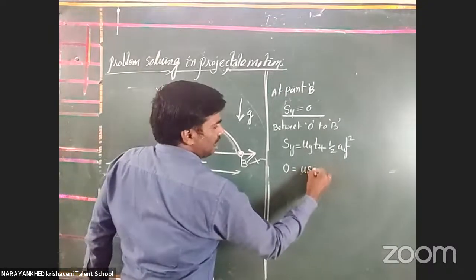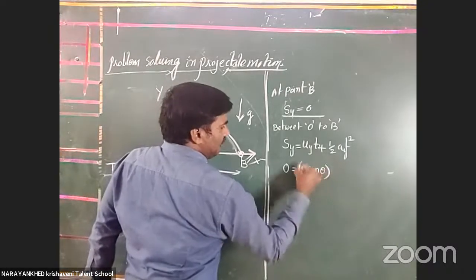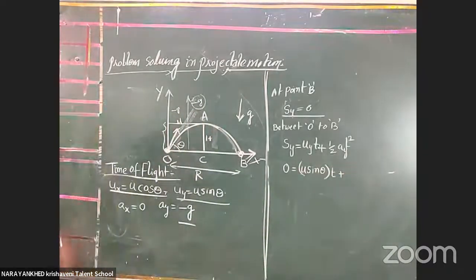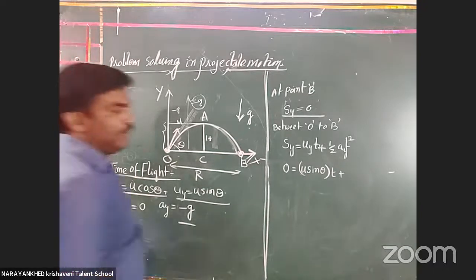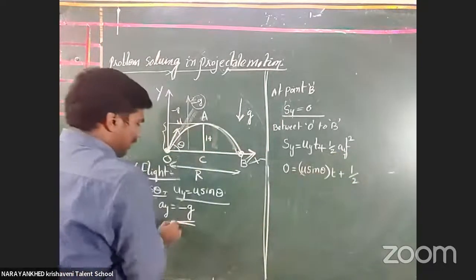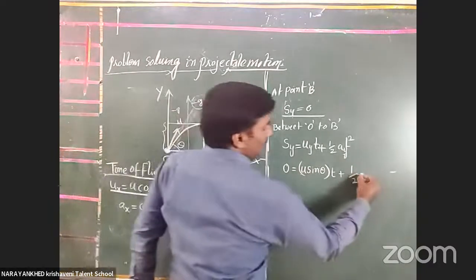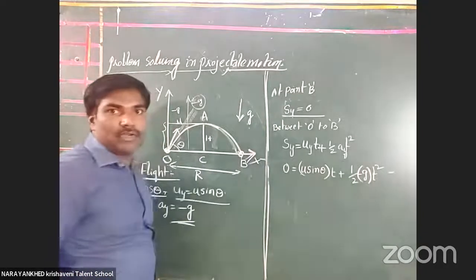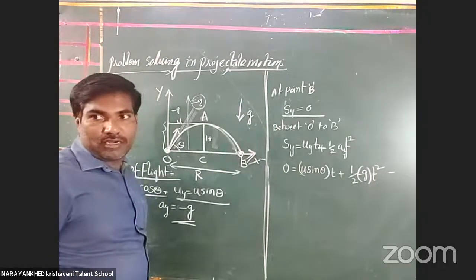You have to write U sin theta into T here. Got it or not, all the students? UY into T. Next, what is AY? AY is minus g. You have to write minus g into T square. Got it or not?